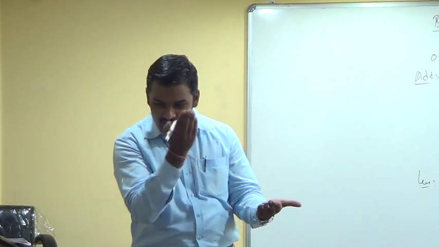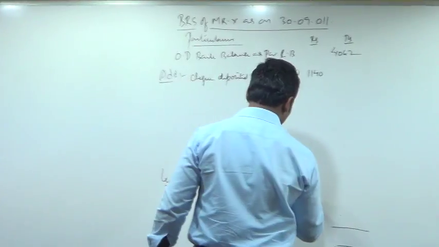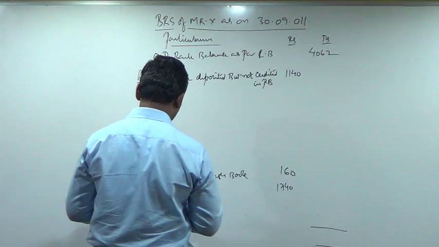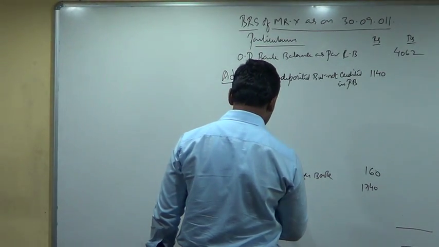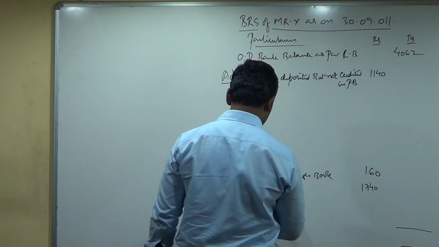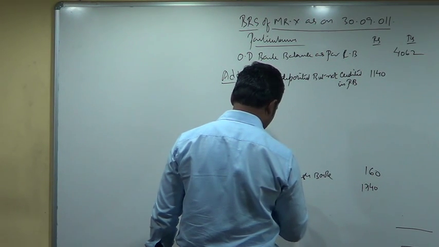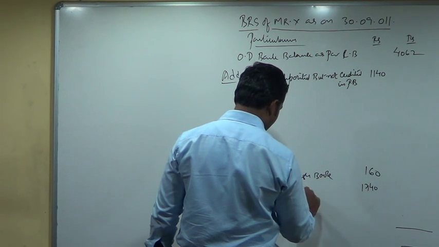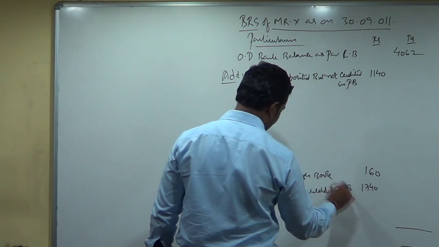What should you do to the cash book to make it equal? Less. How much? 1740. Direct deposit not recorded in cash book.